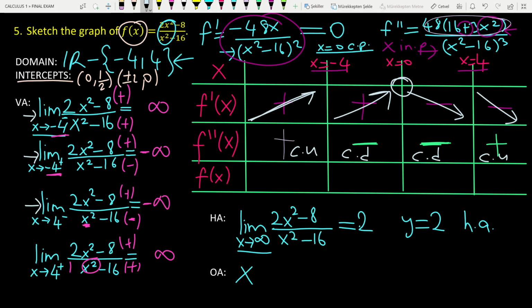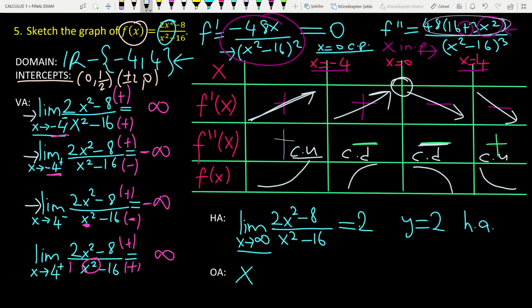The function is concave up here and increases. This is why we have something like this. The function increases and is concave down, we have something like this. The function is concave down and decreases, something like this. And finally, the function decreases and is concave up. Decreases but concave up. We have something like this.